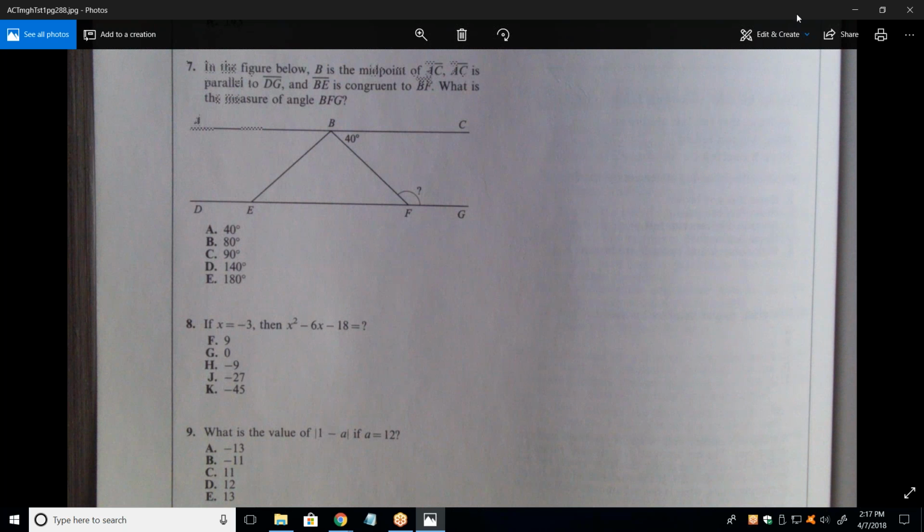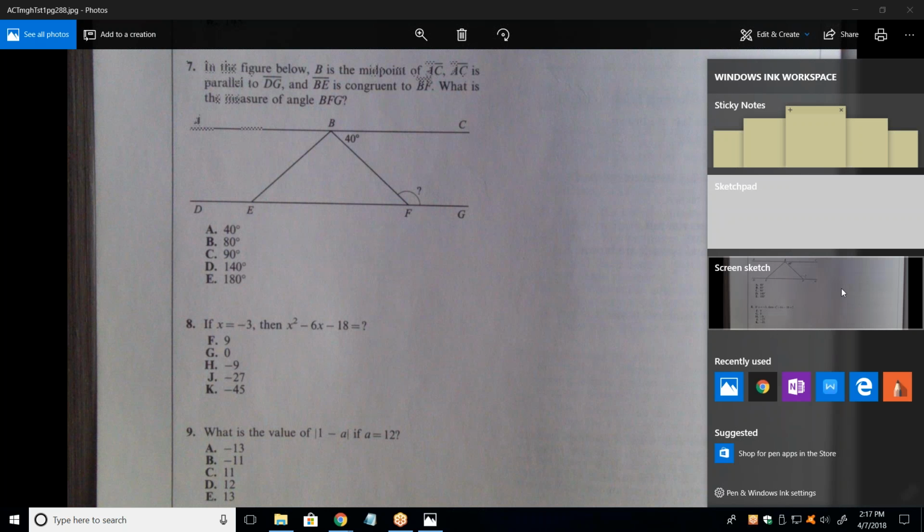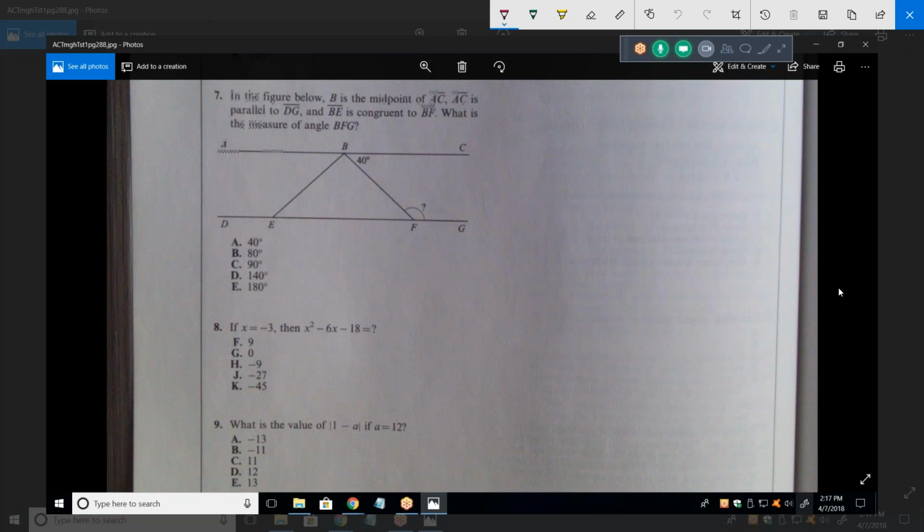All right, number 7. The moment you look at this problem, it is what kind of problem? It is parallel lines and a transversal. Remember, I promised you would see 3 or 4 problems like this on the test. So you have got to remember your parallel lines and transversal rules.